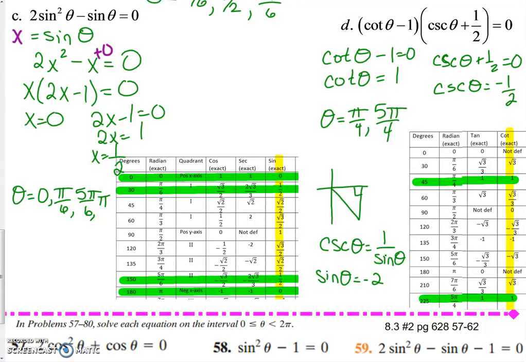And if I think about sine, sine is opposite over hypotenuse. So when I put those numbers on my picture, negative 2 and 1, what do you notice about the hypotenuse? It's too small. Hypotenuse always has to be the longest side, and because it's not the longest side of my triangle, it's not going to work. This will not exist because that 1 was too small.